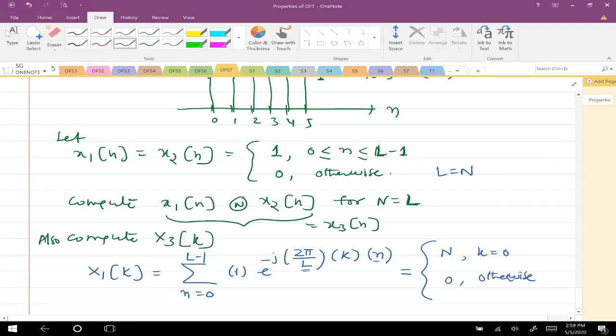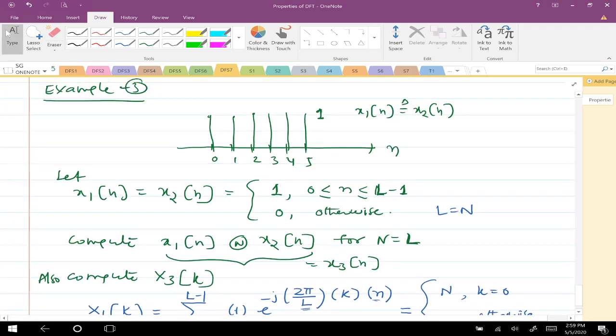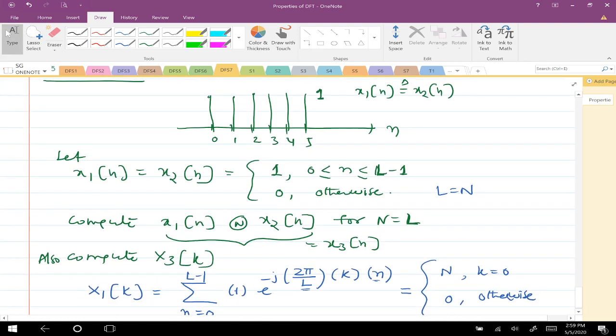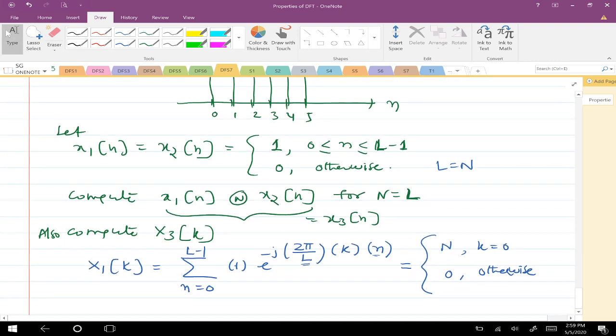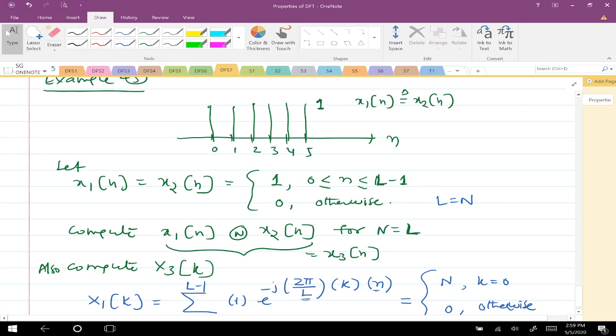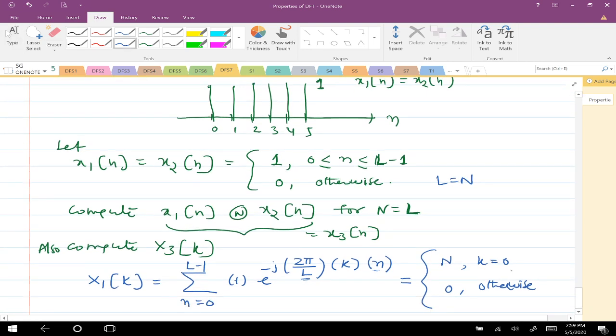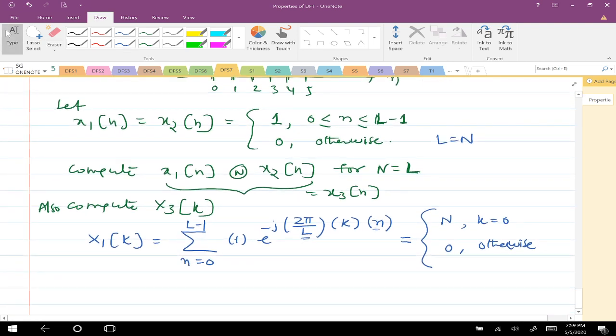This is nothing but the impulse; the DC component is there, the inverse DFS of 1. If you look at the DFS of the impulse train and then the inverse DFS of it, you would come across this expression. Essentially you have only the DC component, so that's why at k equal to 0 only you would get that expression.